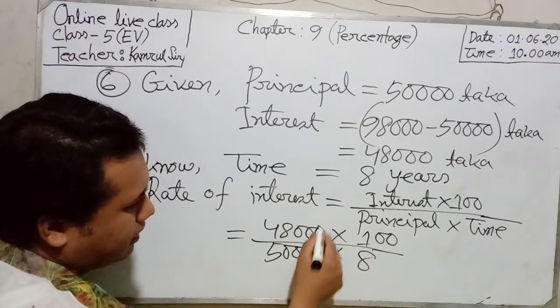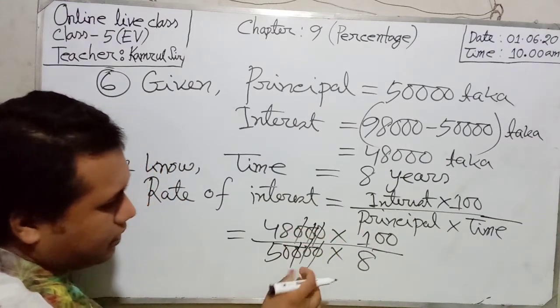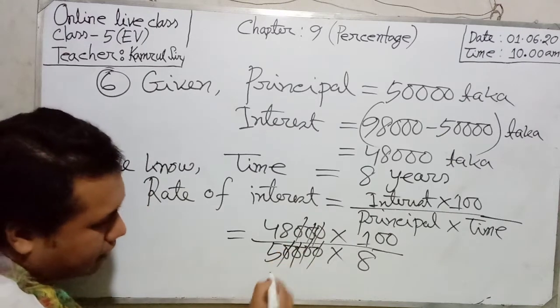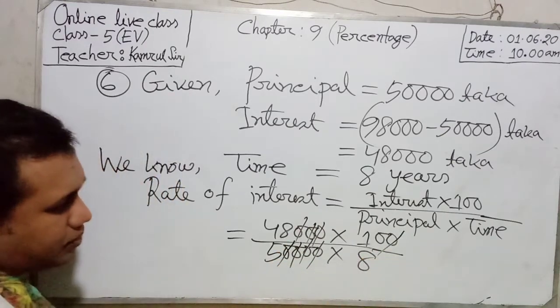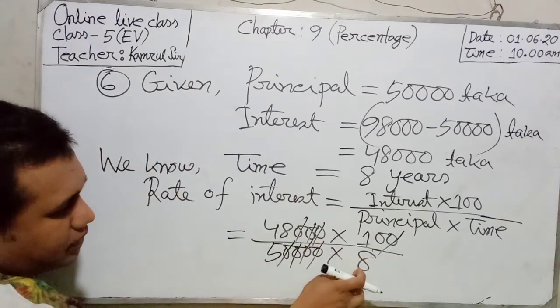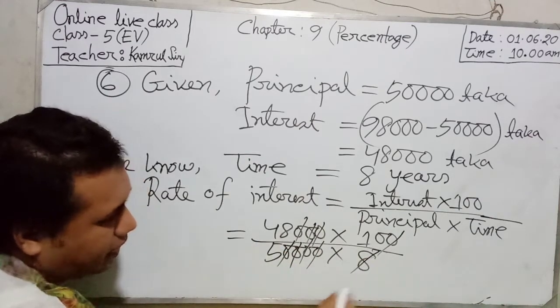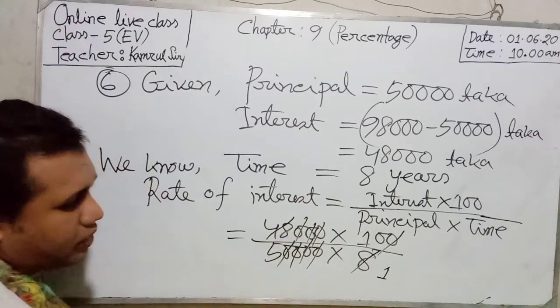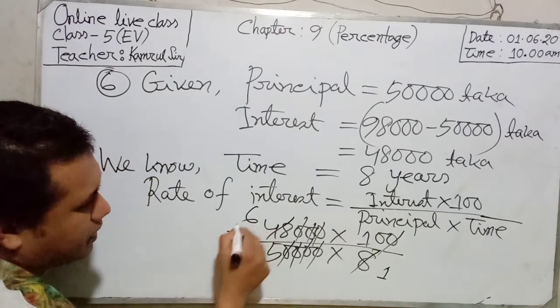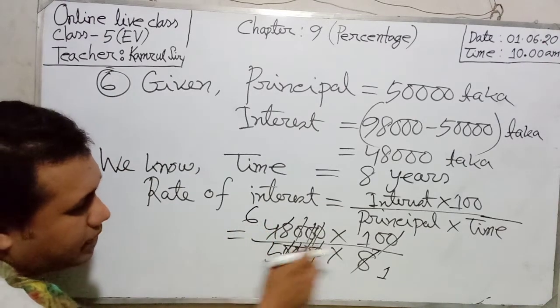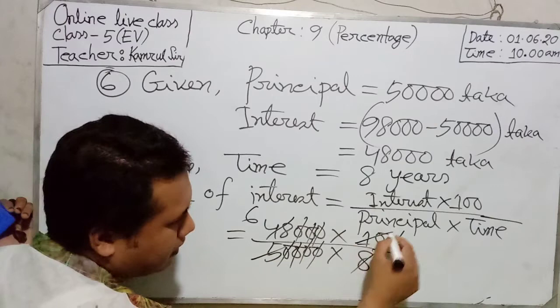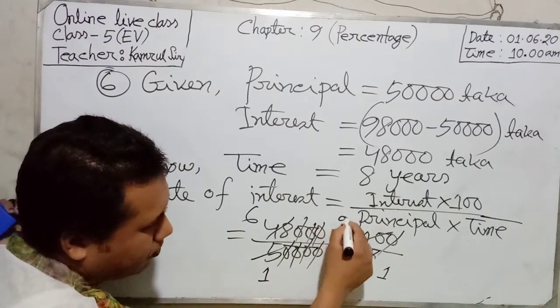Now if we cancel these zeros, the zeros cancel each other. Now if we divide 48 by 8, 8 goes one time and 48 goes 6 times. Clear? Now if we divide 10 by 5, this will be 1 time and this will be 2 times.